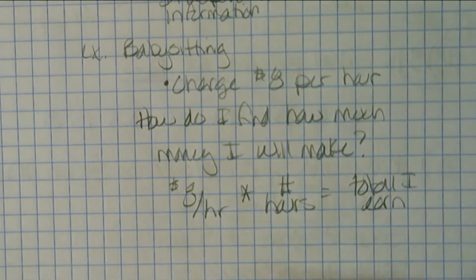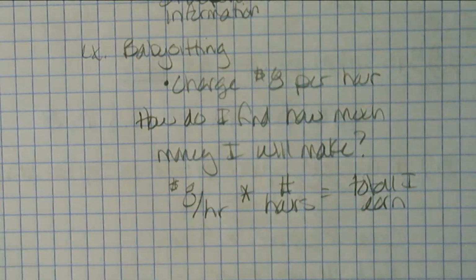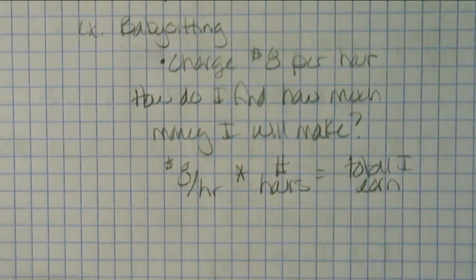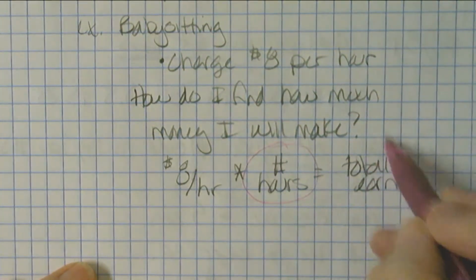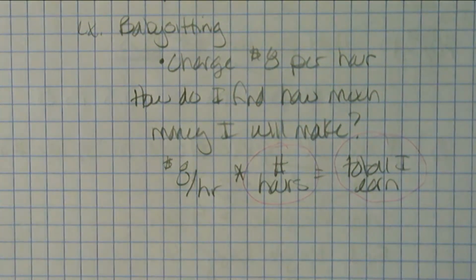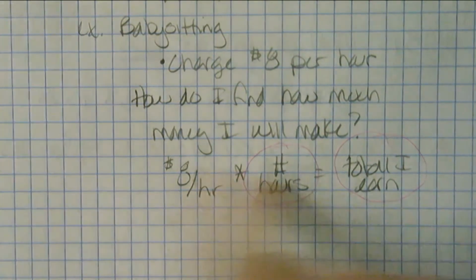In this situation, we have two things we don't know. There are two things we're changing. We're changing our hours, and we're changing how much I earned. Which one of these sets of information are you changing?